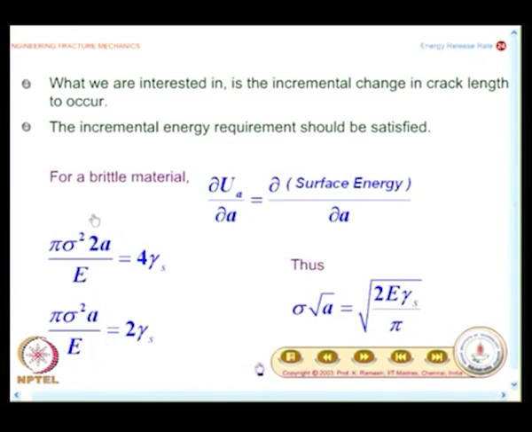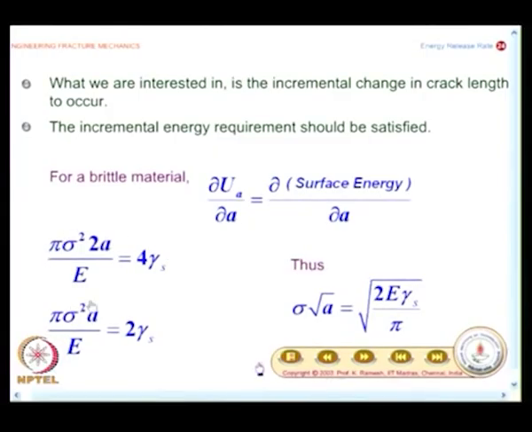But do not differentiate it with respect to A, because I have already emphasized he considered the problem of a central crack. The moment you look at a central crack, you should recognize that it has two crack tips. So, to interpret these equations properly, you have to differentiate with respect to 2A.